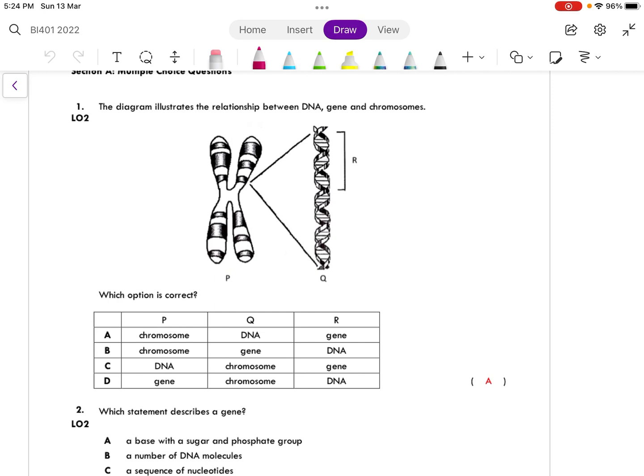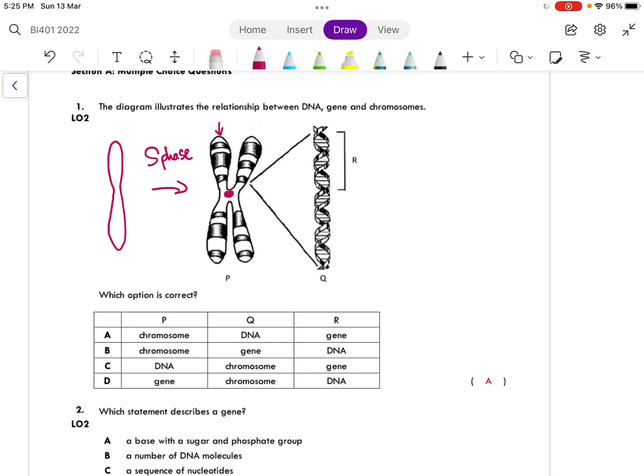First and foremost, when we look at P, this refers to an entire chromosome. There are two kinds of chromosomes, right? We have chromosomes that look like just one single structure, and after S phase or after DNA replication, it will become two sister chromatids attached to the centromere.